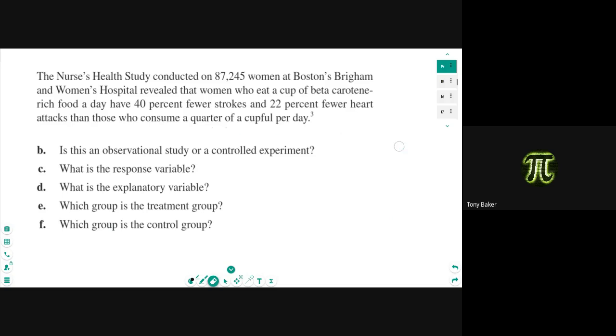Yes. So the response variable is the percentage of strokes and heart attacks, or technically the number of strokes and heart attacks at that point. Okay. What's the explanatory variable? Yeah, the beta carotene that they're eating.